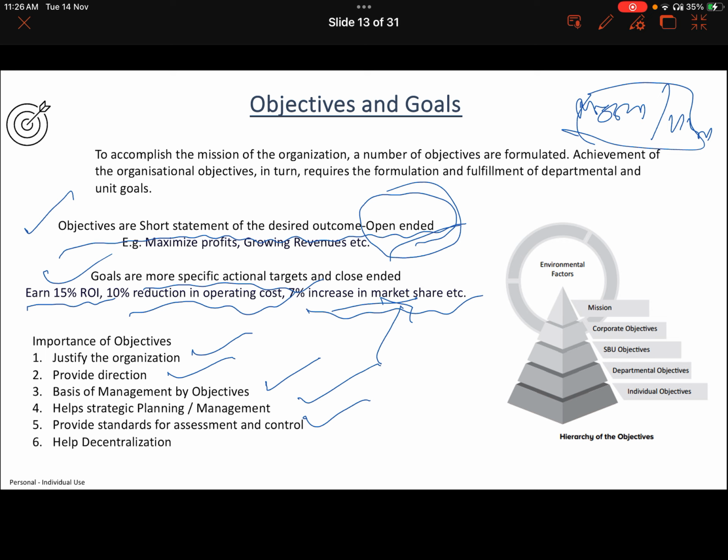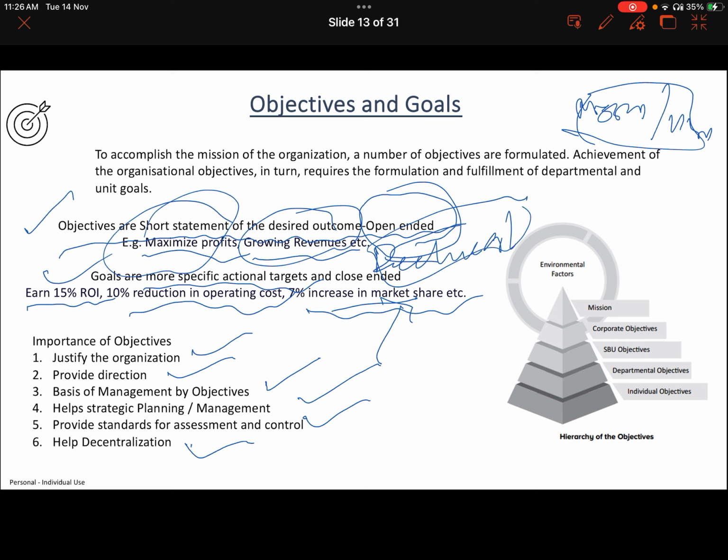So whenever the company earns profit and other things, that can be compared with the standards that were set. Help in decentralization. Once you make objectives, like maximizing profits, growing revenue, reducing cost, then these will become targets of a respective area. So by that it will help in decentralization of the business.